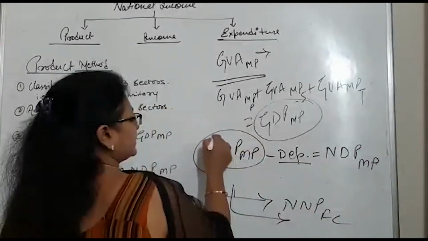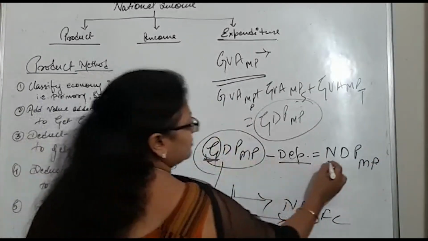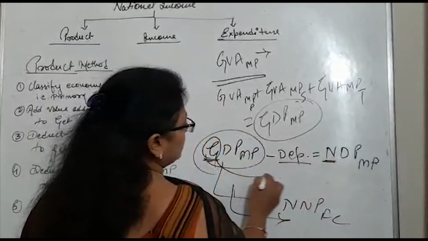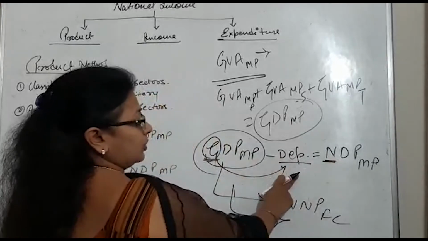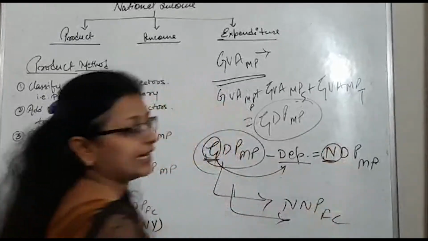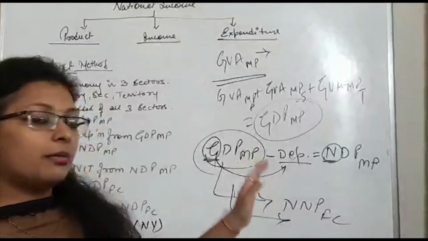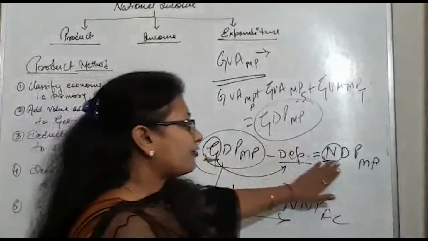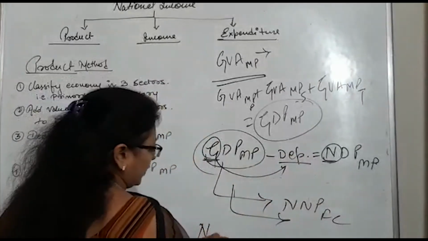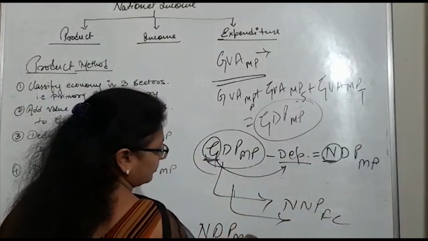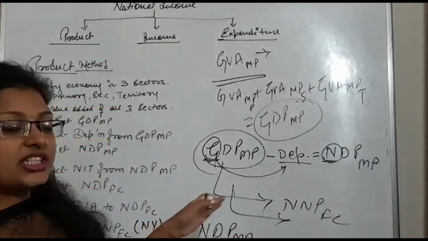Just one thing is changed here: gross has been changed to net. That is, if we deduct depreciation from gross, we will get net domestic product at market price.